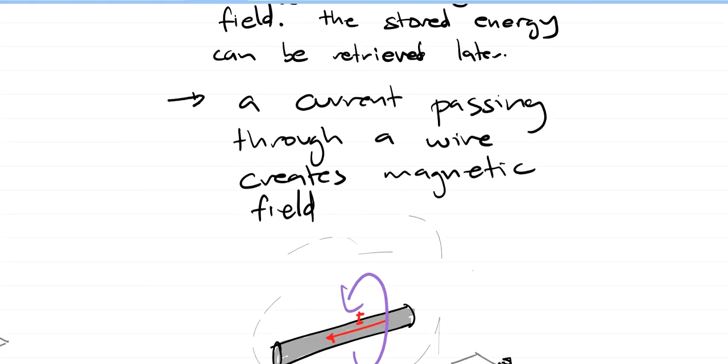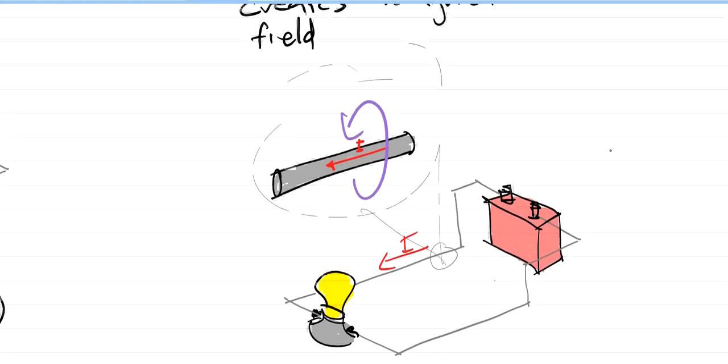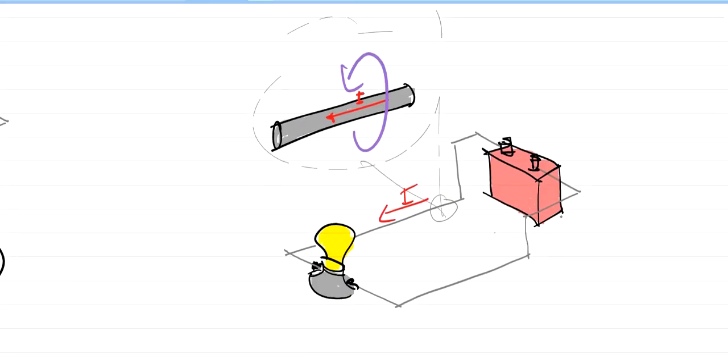Okay, so the basic principle is that a current passing through a wire creates a magnetic field. So again, if we have this circuit, we have the source and we have this load, and it's connected in a closed path, then there's going to be current flowing. So when the current flows through a wire, it actually creates a magnetic field right here.